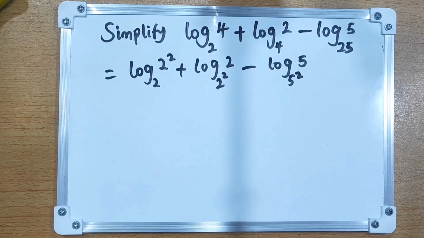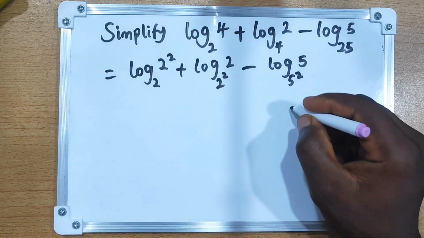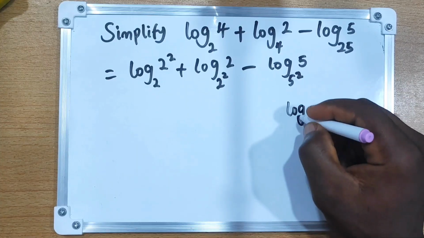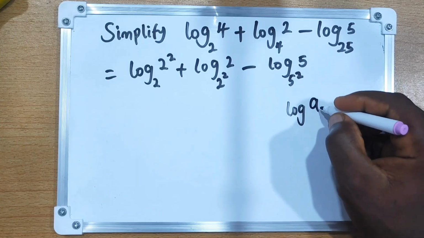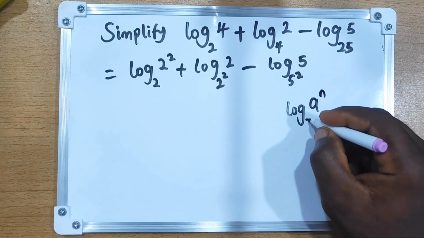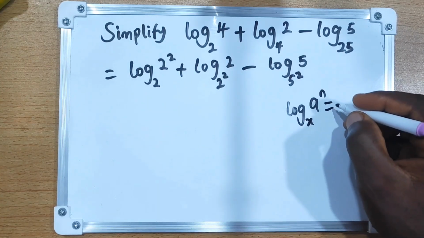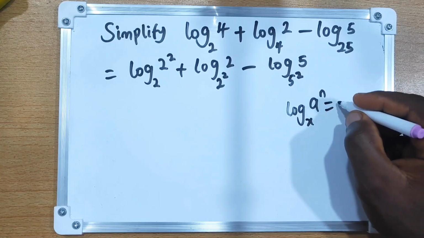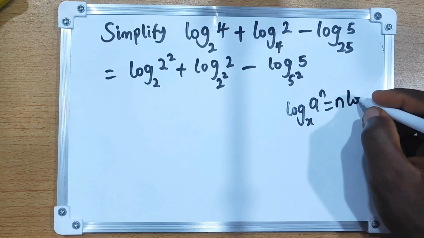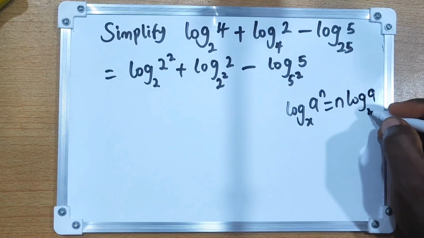There are 2 laws that I would write out very quickly, and we'll apply the 2 laws to solve this further. The first law says that when you have log of a number a to the power of n and to the base x, you can transfer this power to become a coefficient of the logarithm. So it will be n log a to base x.